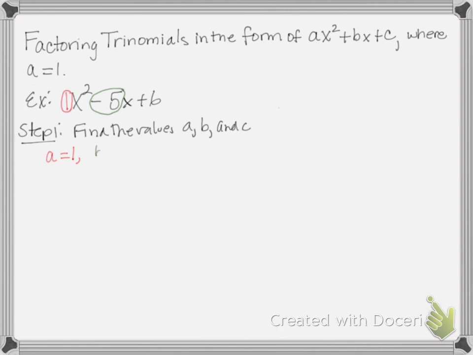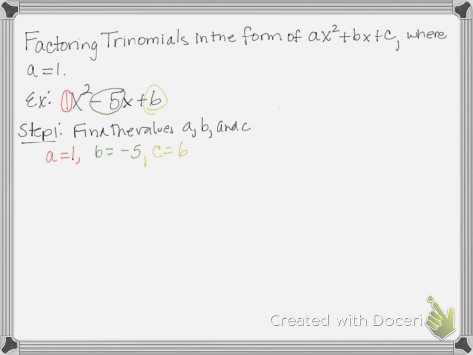So you have to take the sign. It's minus 5, same thing as negative 5. So you take the value of negative 5. C is going to be the constant term, which is 6. So c is going to be 6.